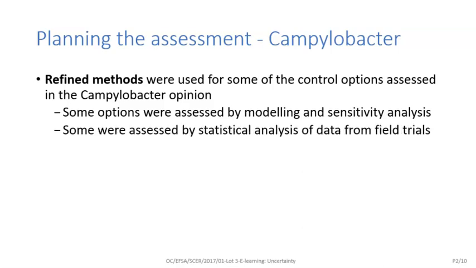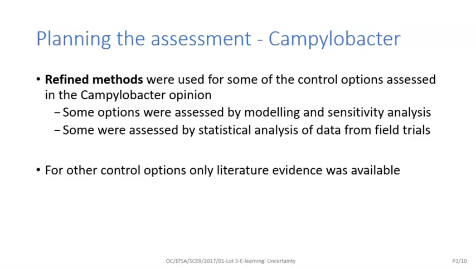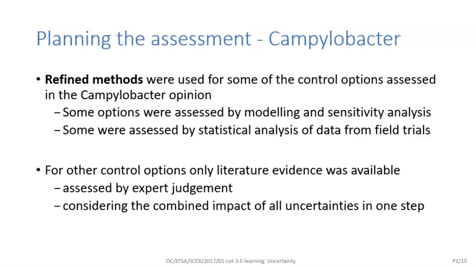And some options were assessed by statistical analysis of data from field trials, producing confidence intervals, which again quantify part of the uncertainty. For other control options, only literature evidence was available. Conclusions on these options were assessed by expert judgment, considering the combined impact of all the uncertainties in one step. So this is a basic uncertainty analysis.